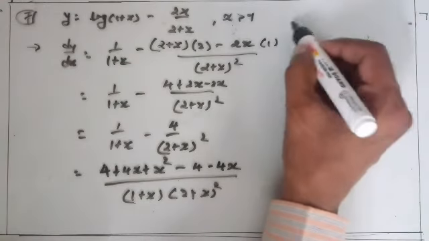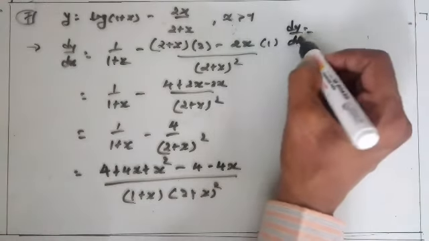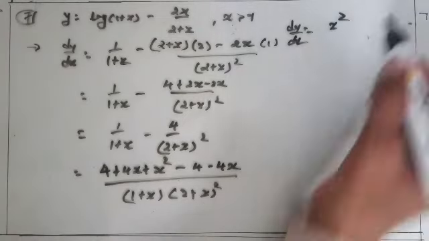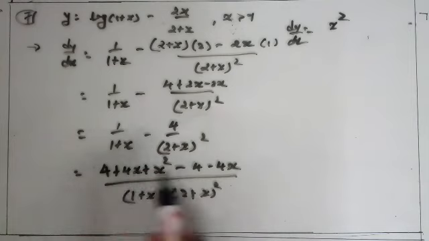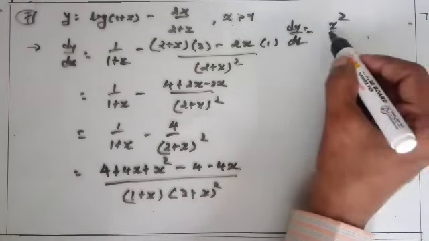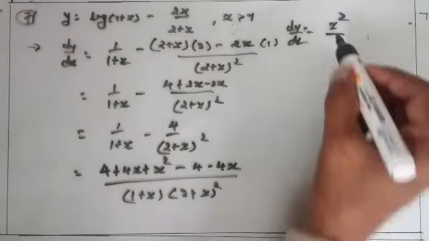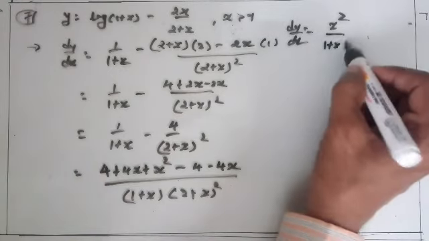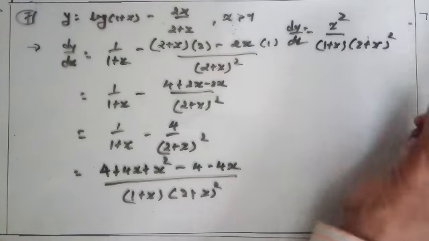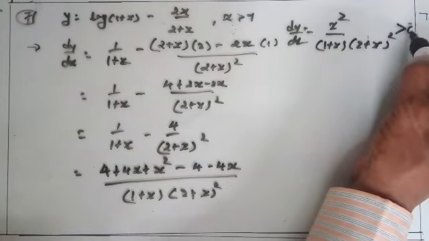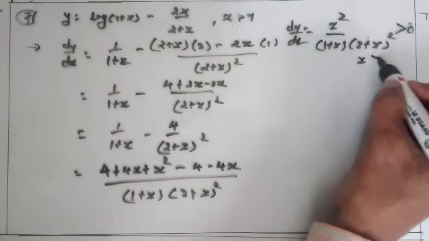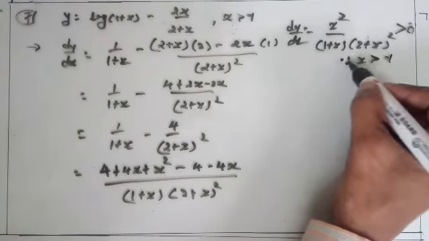So dy/dx = x²/[(1 + x)(2 + x)²], where the 4x and the 4 cancel, so the remaining term is only x². This is always greater than 0 because x is greater than −1, the given condition.